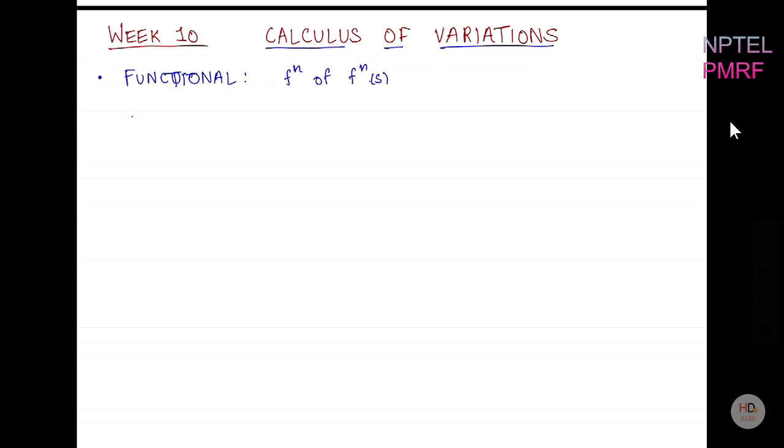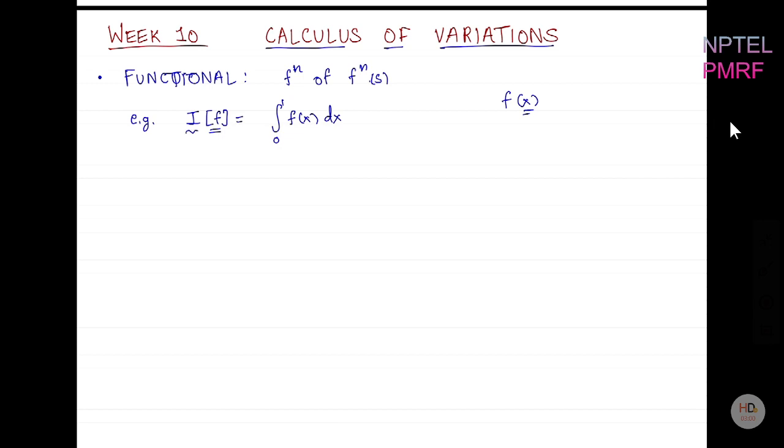An example would be, let's say, a functional of f is just the integral of f of x dx from 0 to 1. This is one functional. For a normal function, your input is some real number, or a vector, that is, an array of numbers, and the output is your function value. In the case of a functional, your input is a function and the output is some number.